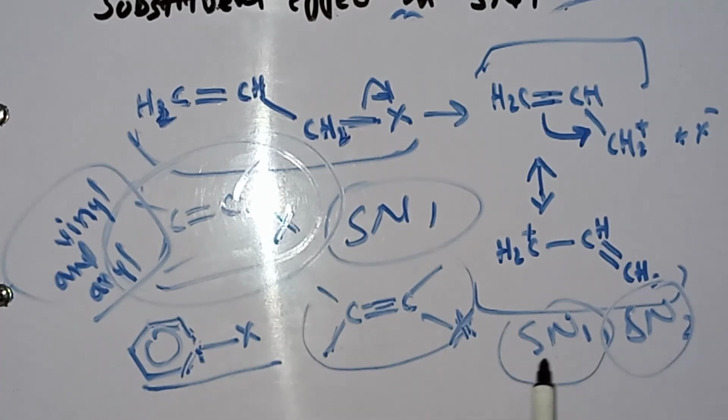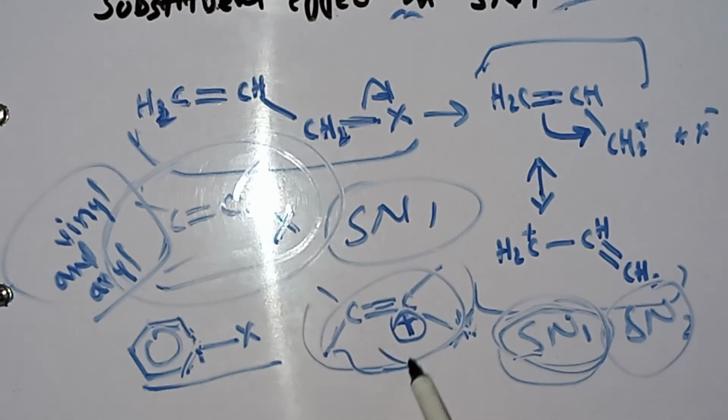But for Sn1 reaction, it is required that the system should be ionizable. In the case of vinyl, when it becomes ionizable, it is very less stable. When the vinyl group gains a positive charge or becomes a carbocation, it is very unstable. Due to instability it cannot undergo Sn1 reaction.